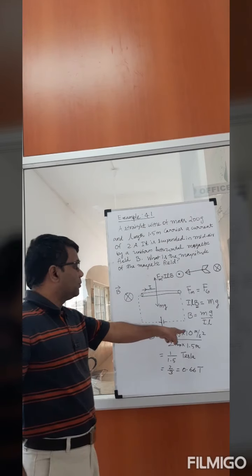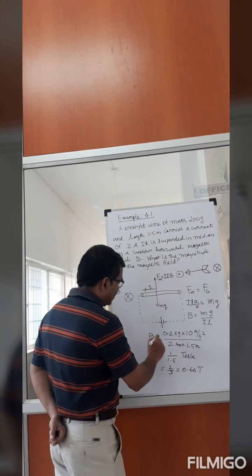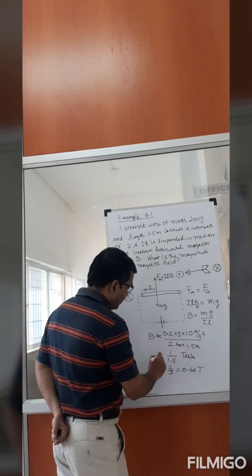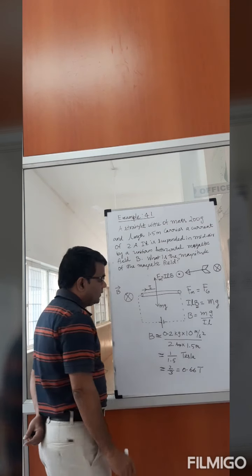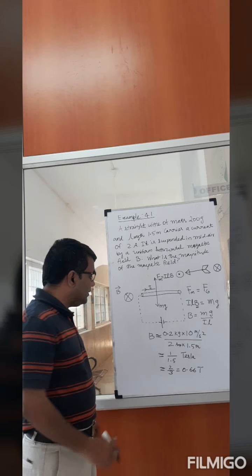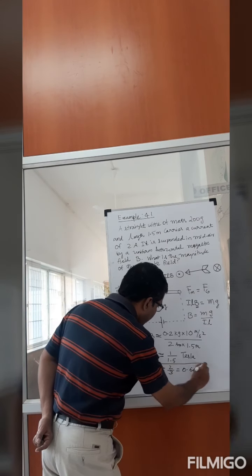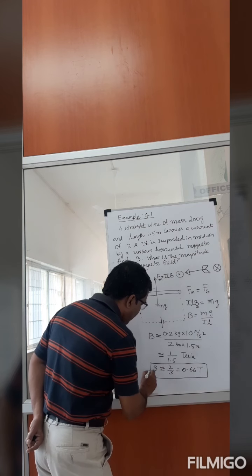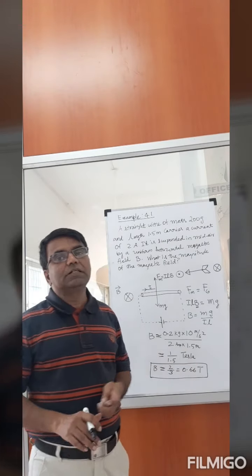Because I am not using 9.8, I am using 10 here, so this is going to be an approximate value. Okay, so B is approximately equal to this. And Tesla is a unit for B.